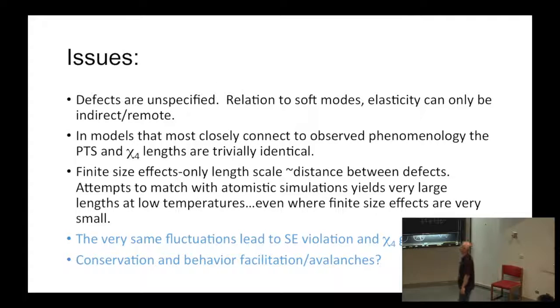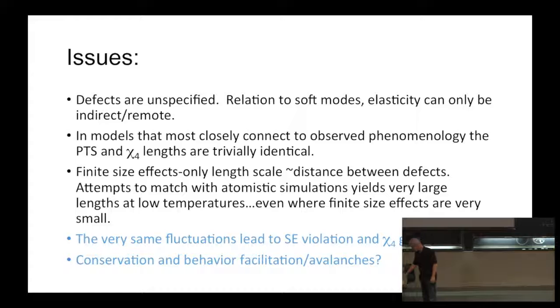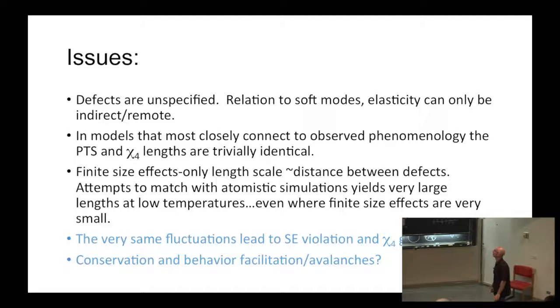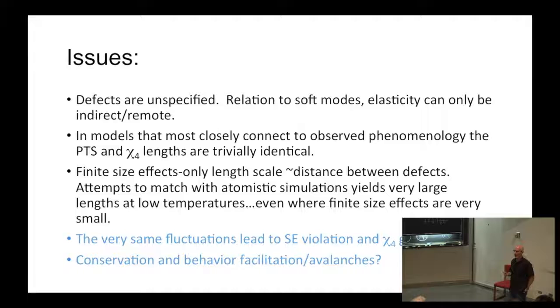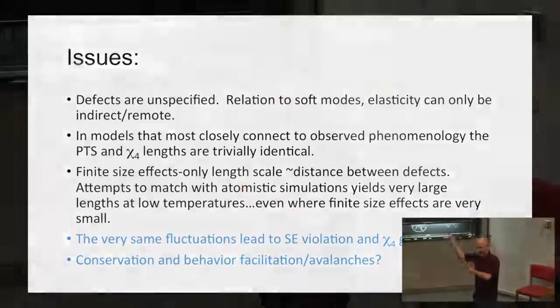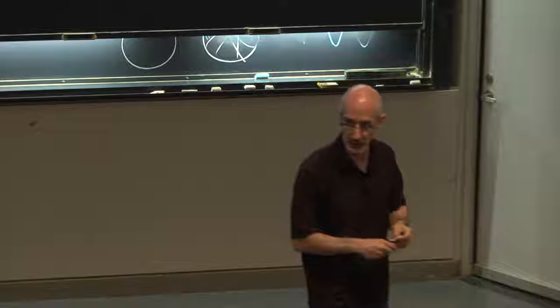How good are these models, and what are some issues with them? I think these models are useful starting points and inspiration for thinking about connections and differences with the mean field picture. So obviously one issue associated with these models is that the defects themselves are not specified. We might think about the defects as the soft spots in our configurations that we define through the propensity. Maybe they're associated with some local structural metric, and they're the regions that are most likely to move first.